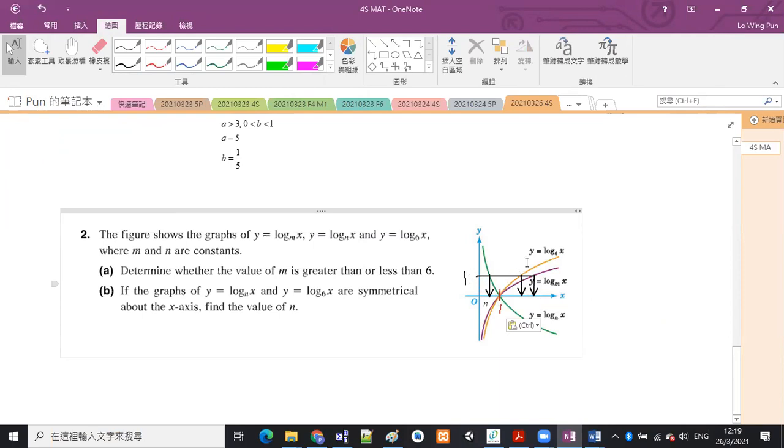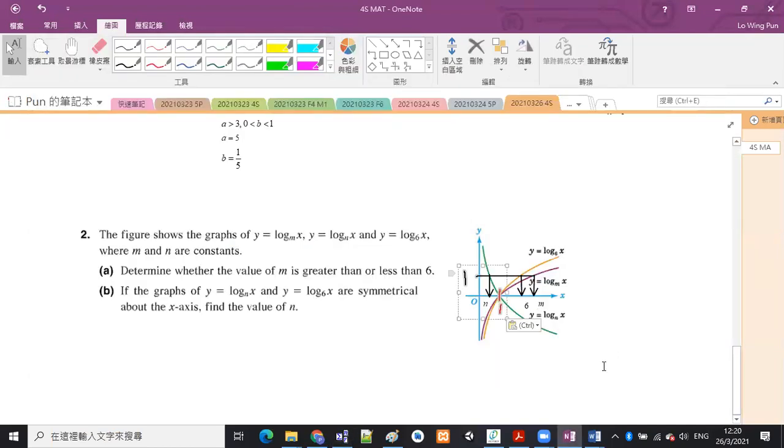When y is equal to 1, 1 is equal to log x base 6, which means that x should be equal to 6. So this point, this position should be 6. Okay? How about the purple line? When y is equal to 1, log x base m is equal to 1, which means that x is equal to m.